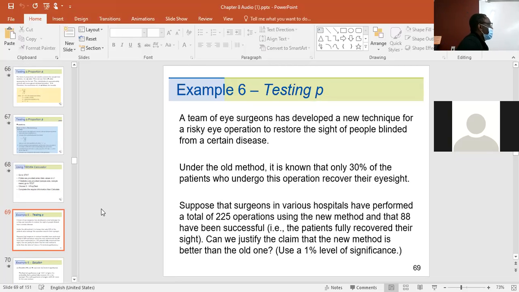So we have an old method, and what was the probability of success for that old method?